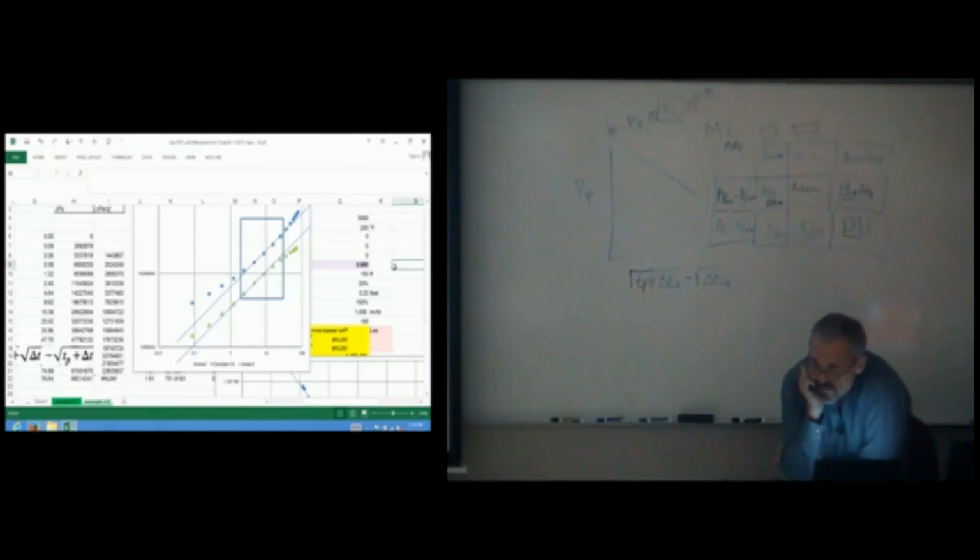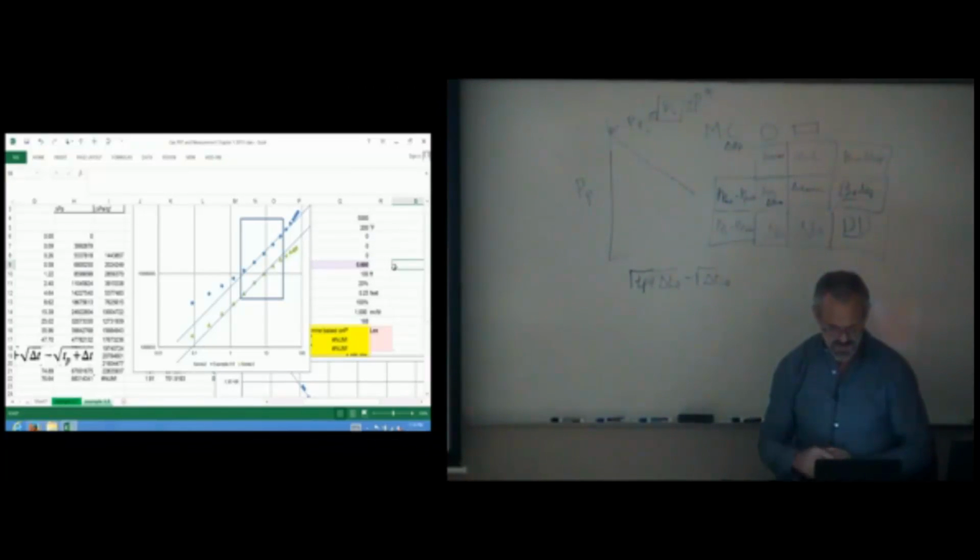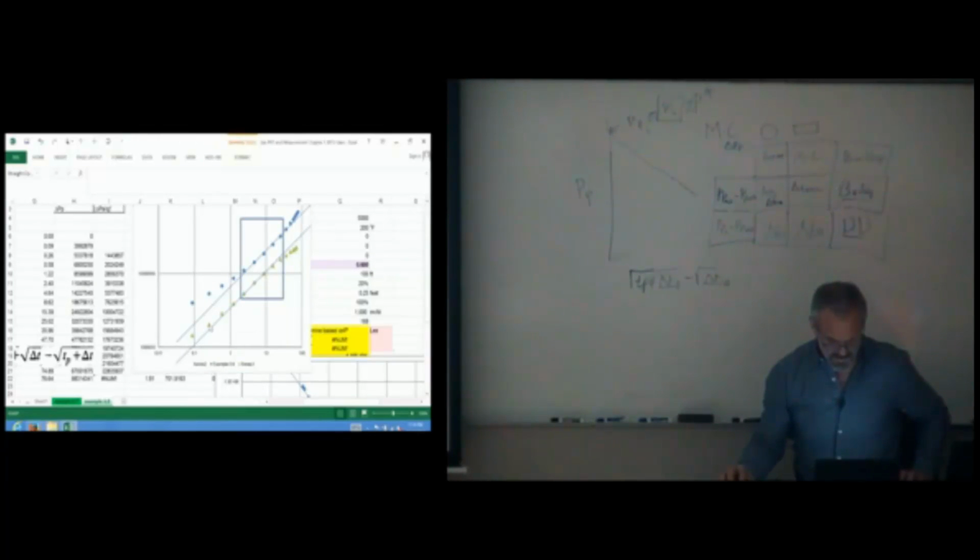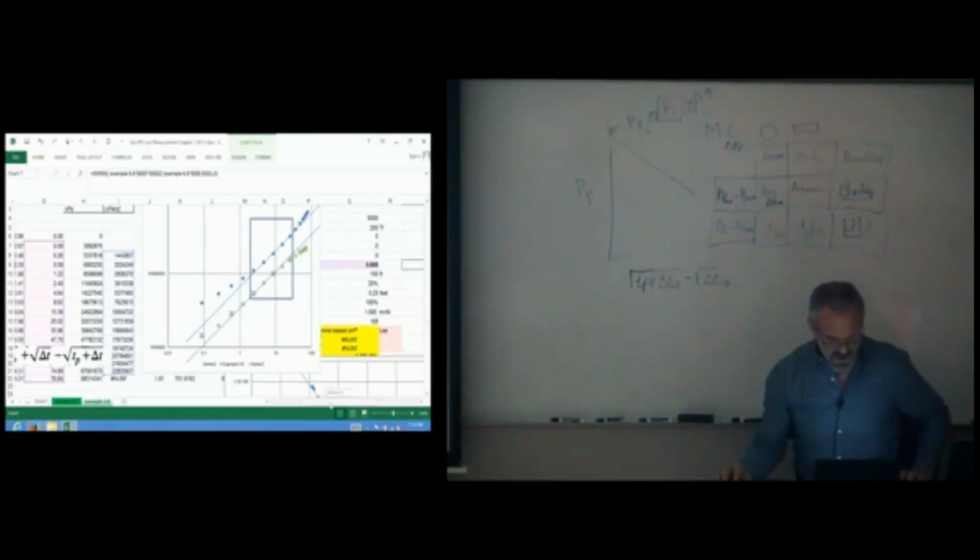Everybody like that? On my plot, it looks like the entire set of data for the derivative is at half slope. Am I doing something wrong? No, it's just a little bit different from mine. I'm not sure why. Mine fits extremely well.